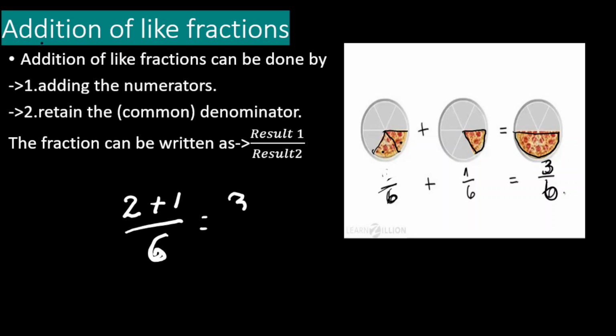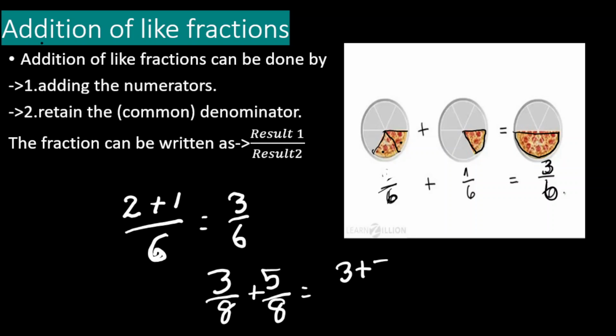So it became 3/6. Suppose you have 3/8 plus 5/8. Now we need to just add the numerators and retain the common denominator. Now the fraction becomes 8/8 and this is nothing but 1 whole.